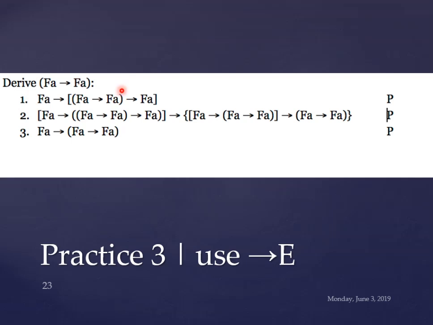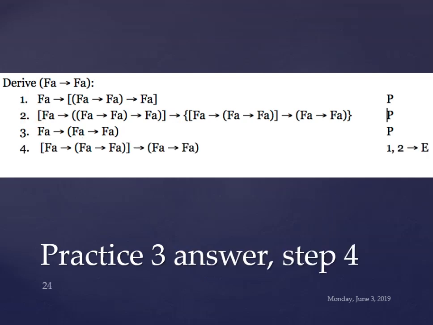So if you can eliminate this arrow and this whole part from lines 1 and 2, and if you'll notice, this whole piece right here looks a lot like that whole piece right there, you can eliminate this arrow, and on your last line, you get what you need.